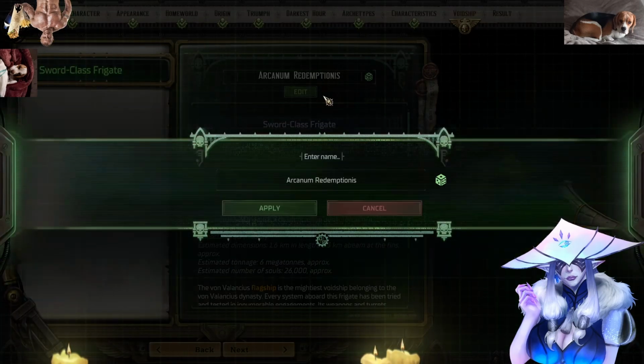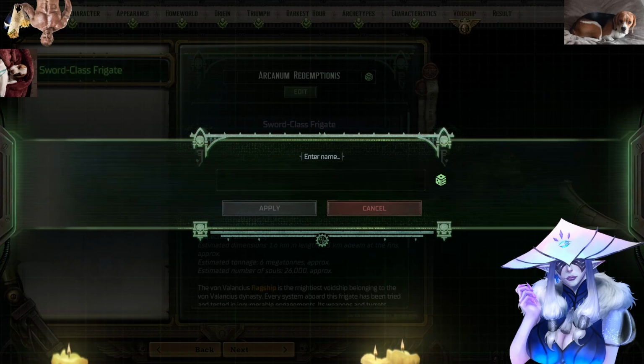Sword class frigate. Polish Navy. Okay, I need a name. So what do they currently have?